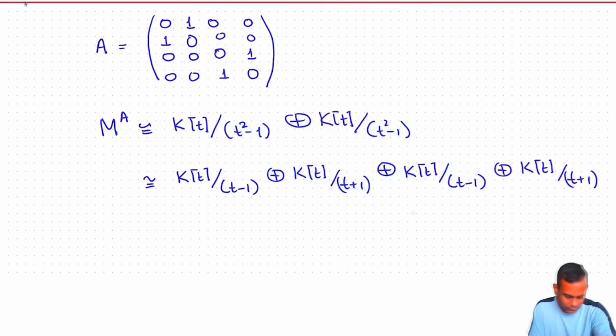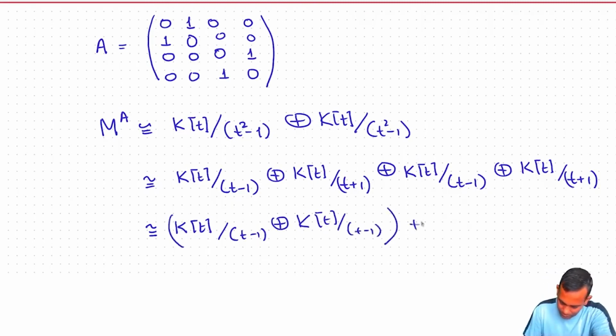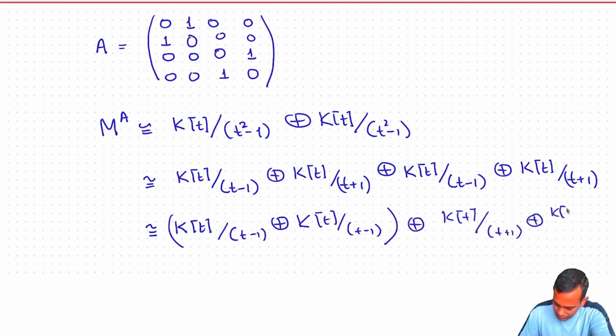Now what you do is you collect the same type of terms. So this is isomorphic to kt mod t minus 1 plus kt mod t minus 1, and then kt mod t plus 1 plus kt mod t plus 1.